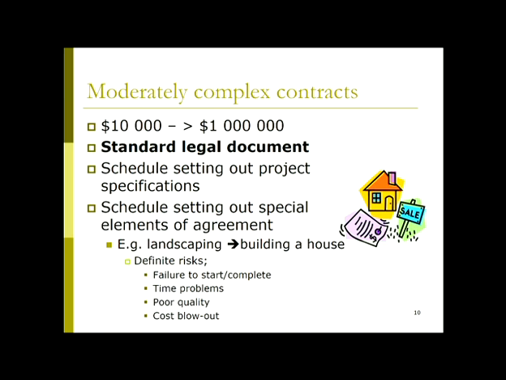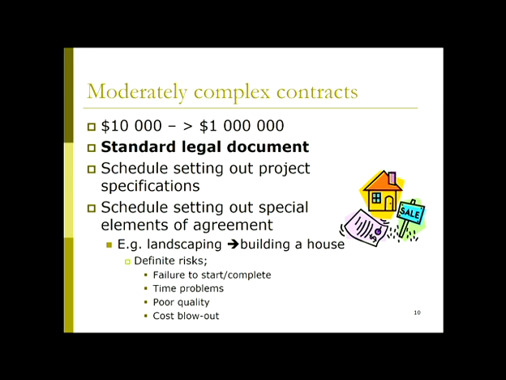But in this case, you might have a few more issues to be considered. For example, you would need to know what will happen if the contractor, your renovator or your house builder, fails to start the project or fails to start on time.